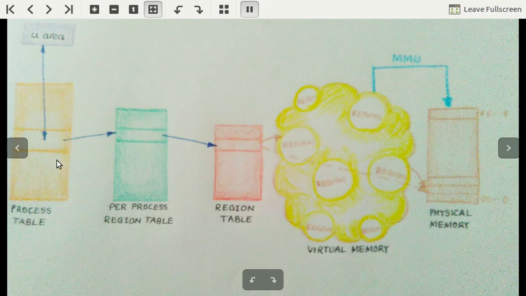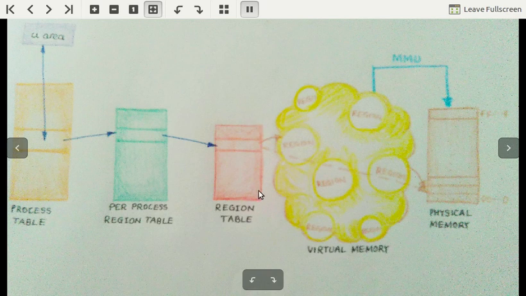Just remember that it is analogous to the file structures. This process table or per process region table can sometimes be considered as a file table, and this region table can be considered as an inode table.